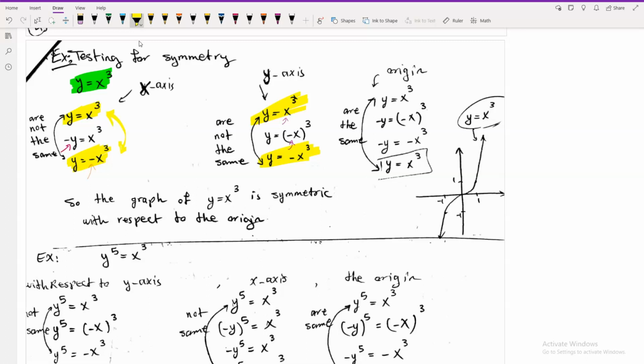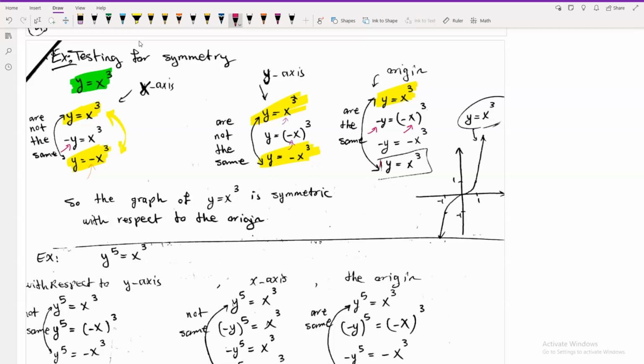Now with respect to the origin, here is what is given. Use negative y instead of y, negative x instead of x. So we're going to have negative y equals negative x to the third power. Then divide by negative 1 on both sides.